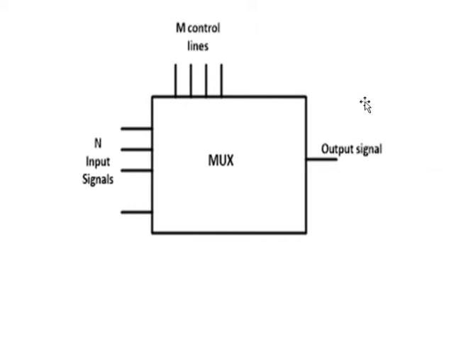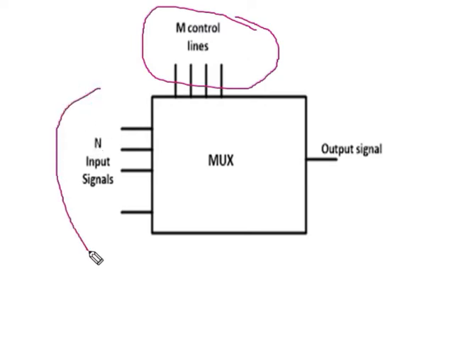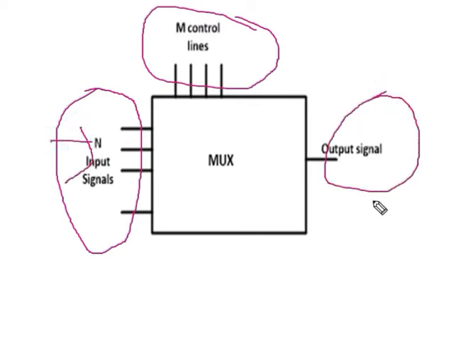Understood guys? Means in automation we have a number of switches. These M control lines, means selector lines, we are taking as switches, as well as input signals, means input lines or inputs, we are taking as switches. The output is taken as a visual, which is a lamp, motor, your train, whatever output you want you can take.